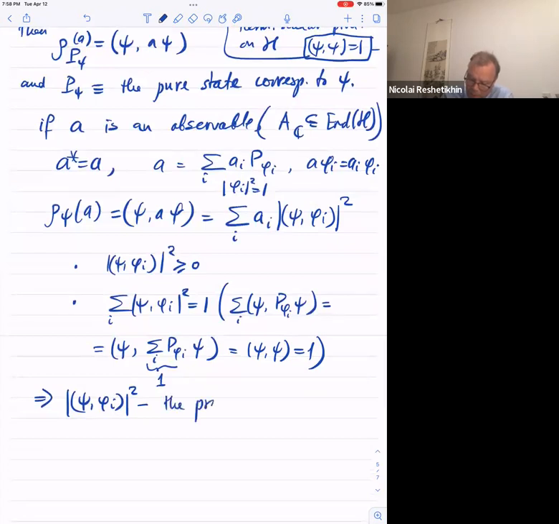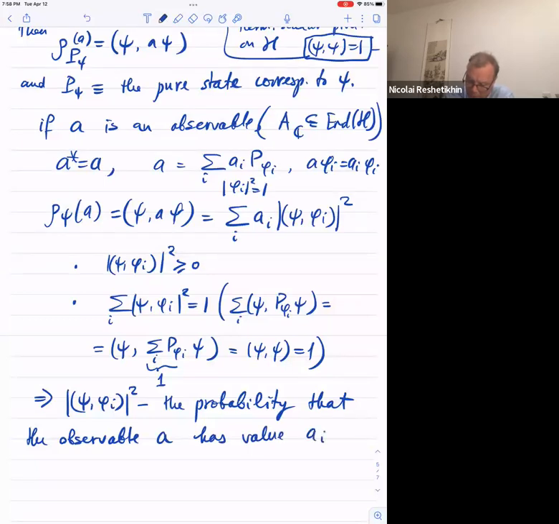It's the probability that the observable A has value AI in the pure state psi. That's the meaning of these numbers.